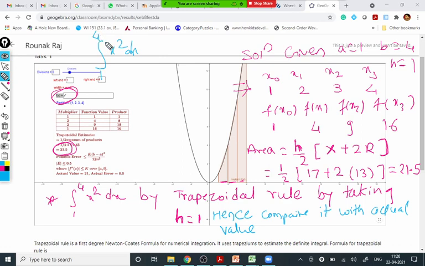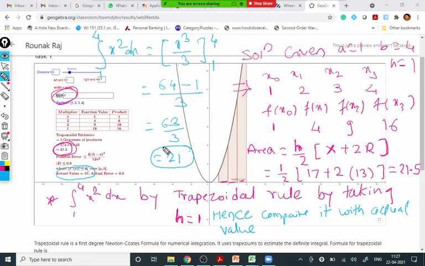What is the integration first? x square is obviously x cube by 3, and the limits are 1 to 4. So 4 cube, is it 64? Yes, sir. 64 minus 1 divided by 3, and that becomes 63 by 3. And it becomes 21. So this 21 is the actual value.